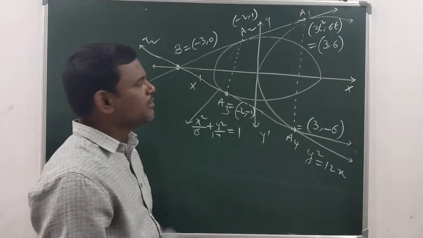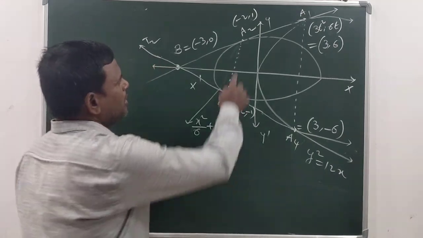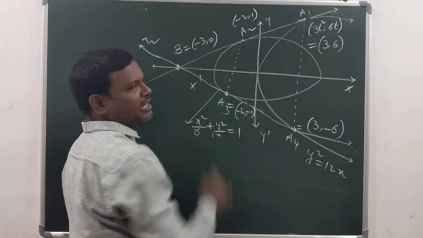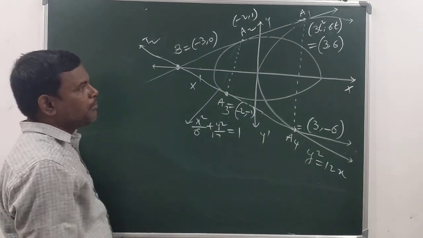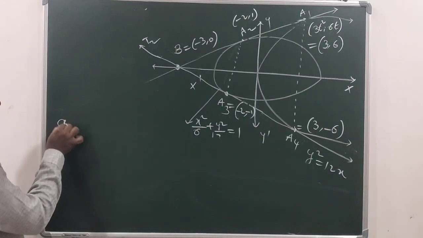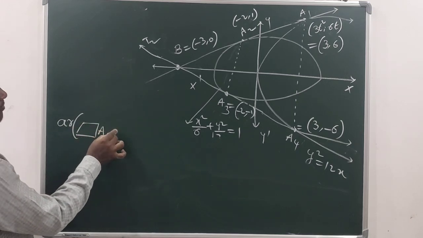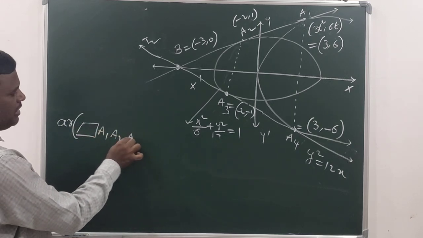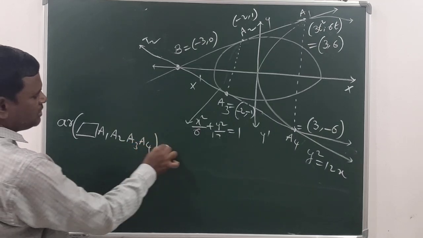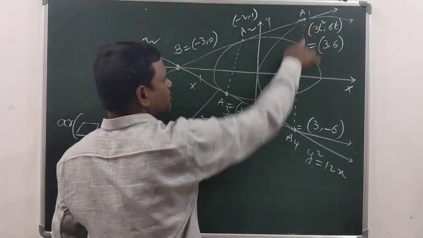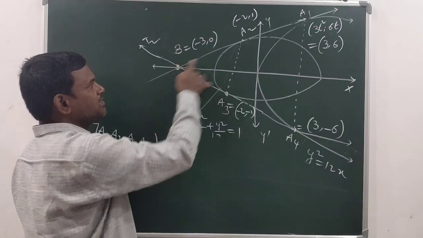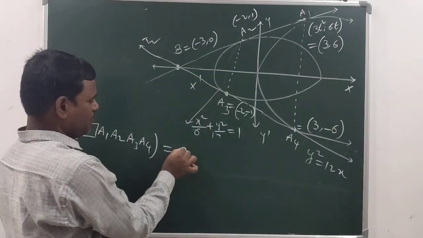Otherwise in this figure, you can find this quadrilateral area as area of quadrilateral A1, A2, A3, A4, which is equal to area of this big triangle minus area of this small triangle.